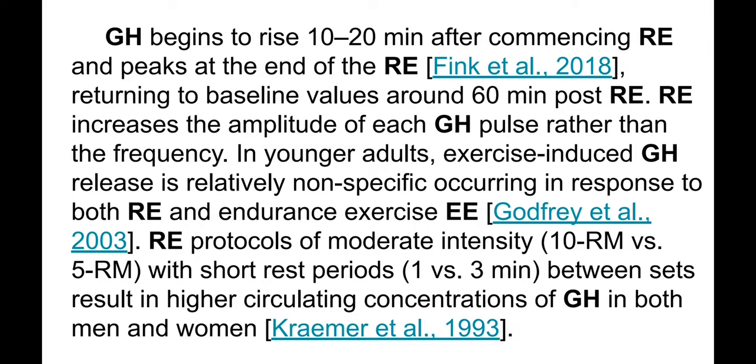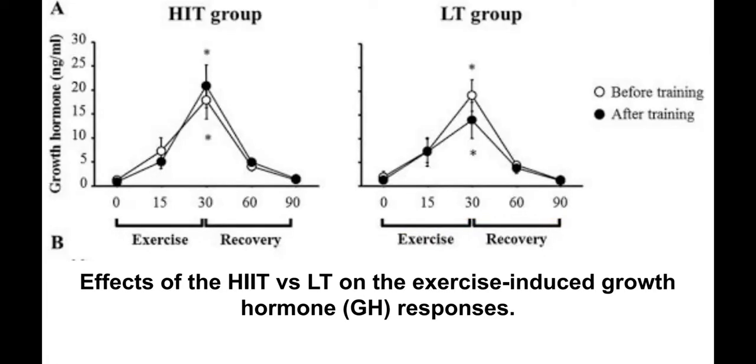Okay, we see here the effect of high intensity training versus low intensity training. Two groups of people: some were using high intensity interval training, some were doing endurance exercises, and after months of training, the release of growth hormone didn't change much.